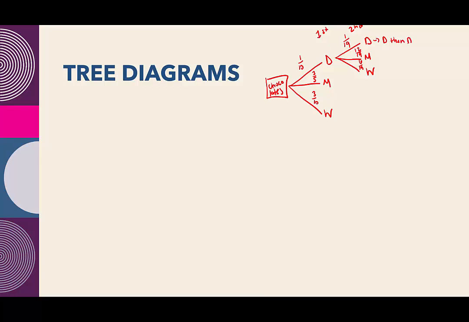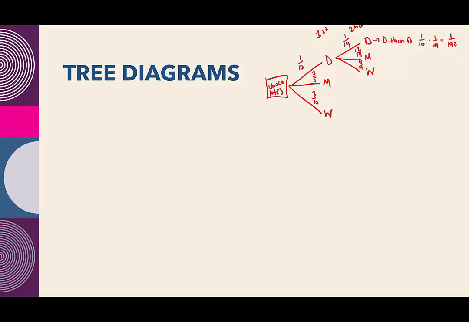So that's what that means. That's how we would read this, starting from over here in the box of chocolates. Going up this branch means the first one was dark. Going up this branch means the second one was dark. And then we can multiply 1 over 10 times 1 over 19 gives me 1 over 190. So there's a 1 in 190 chance that I'm going to select the 2 dark chocolates.